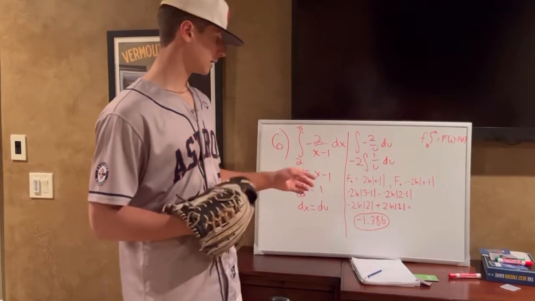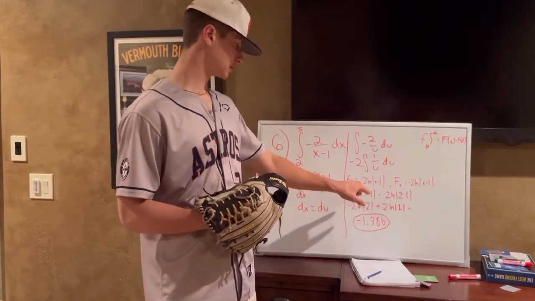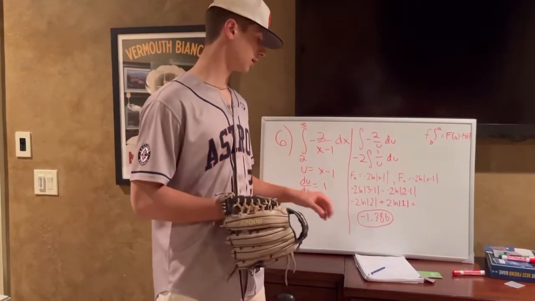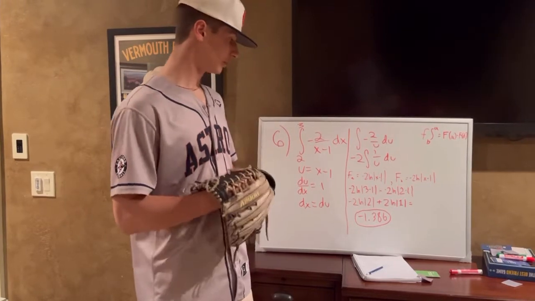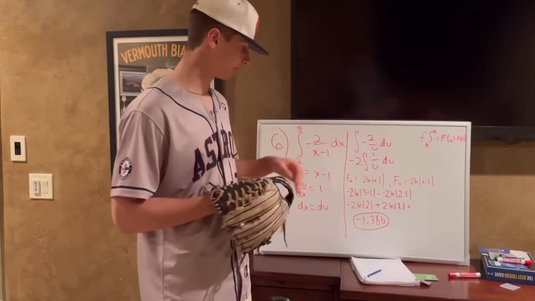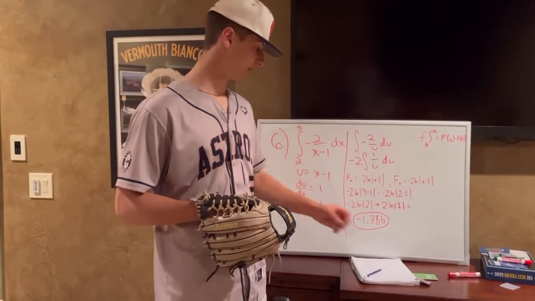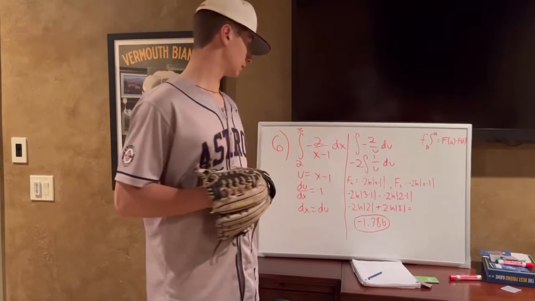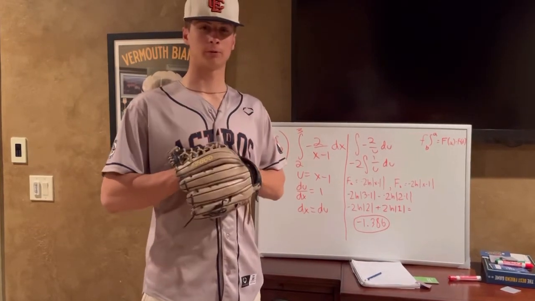And after doing what was inside of the values here, we have -2 natural log times 2 plus 2 natural log times 1. And after that, our final answer was -1.386.